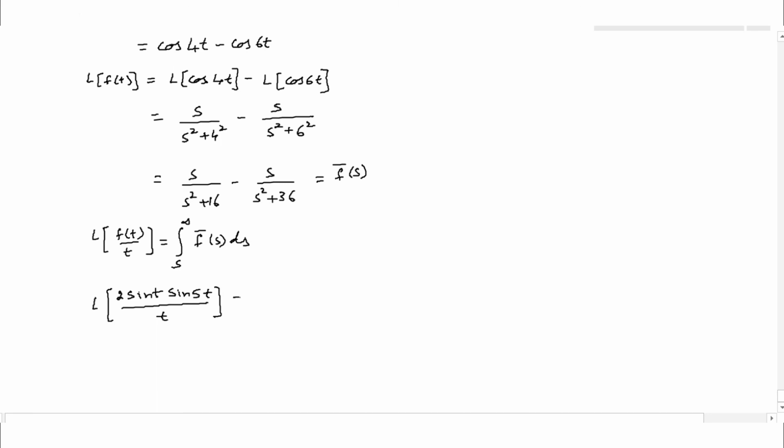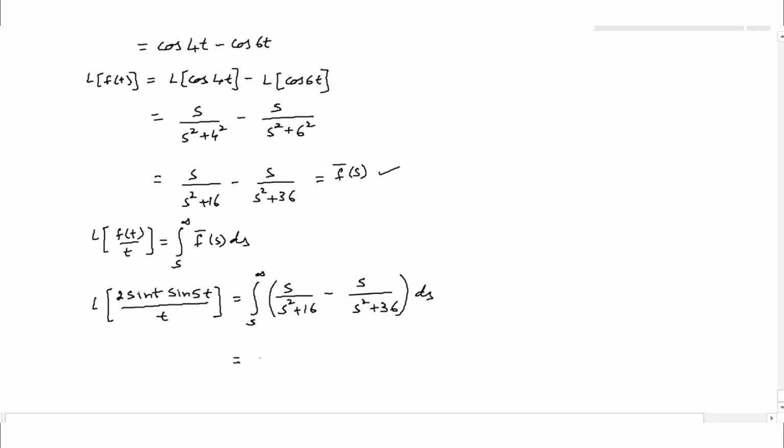That is nothing but integral s to infinity. F bar of s value is known over here. It is s by s square plus 16 minus s by s square plus 36 times of ds.